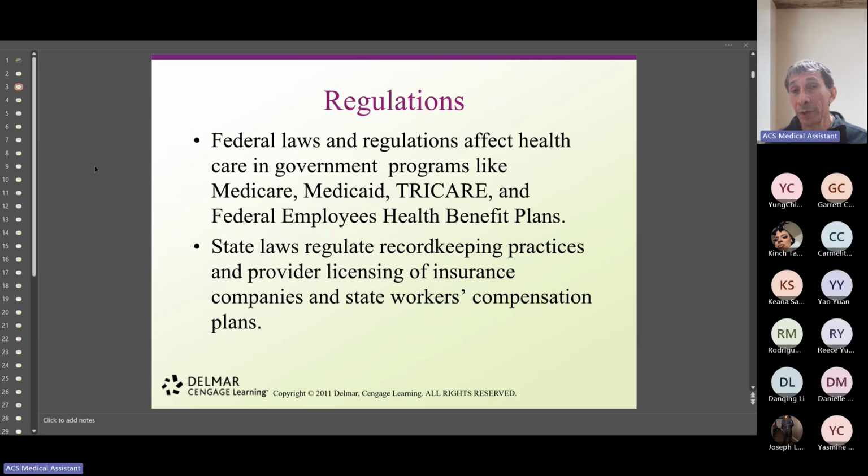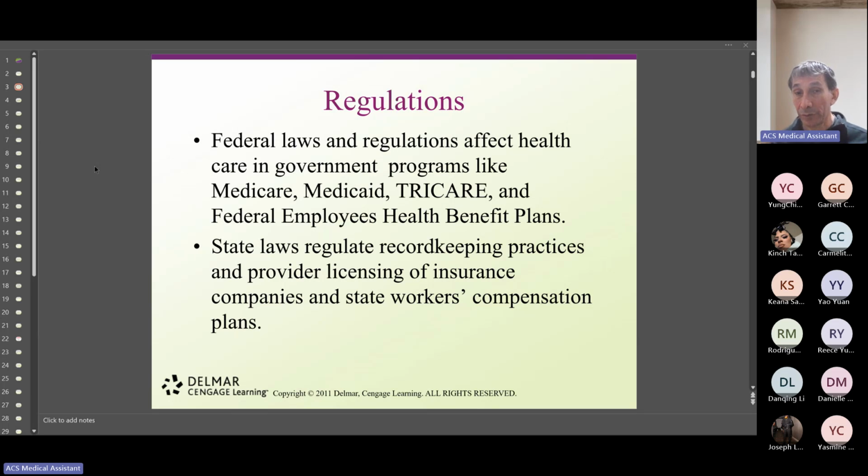But for insurance purposes, we focus more on insurances that pay for governmental insurances, that use funds from the government or from the taxpayers, versus the private or commercial insurances.